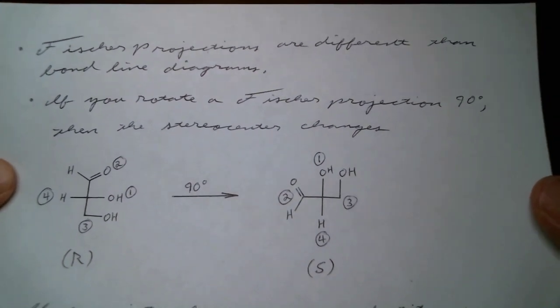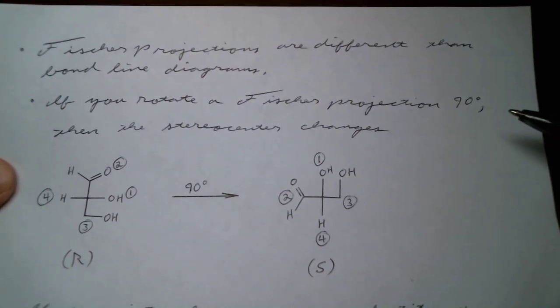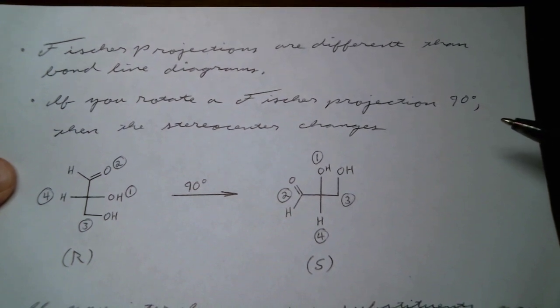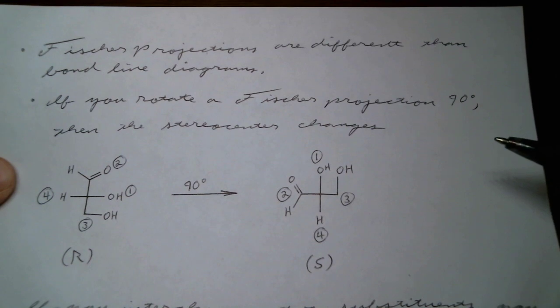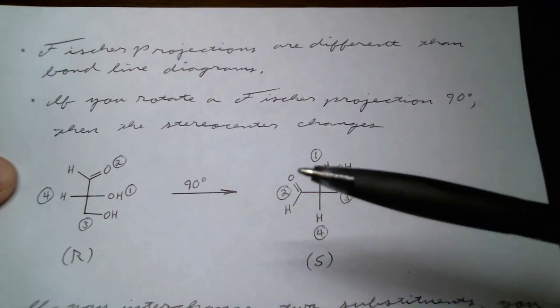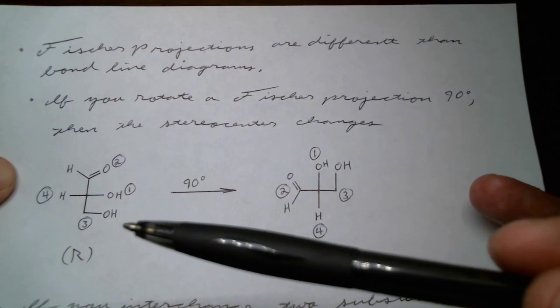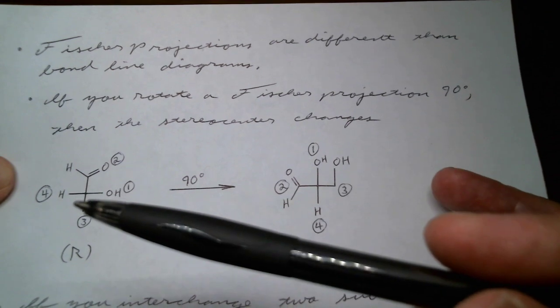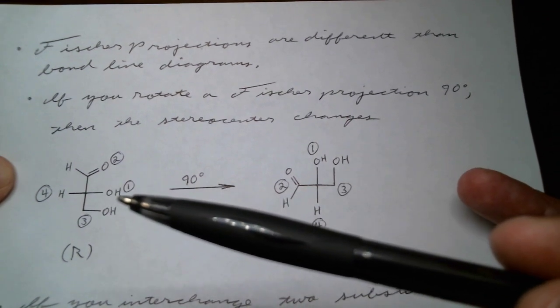So Fisher projections are different than bond line diagrams. If you rotate a Fisher projection by 90 degrees, simply according to the rules that the horizontal substituents come up and the vertical substituents go back behind the plane of the page, then you change the stereocenter. So for example, this molecule is an R stereocenter. You can almost see it. The hydrogen comes up and the oxygen comes up.